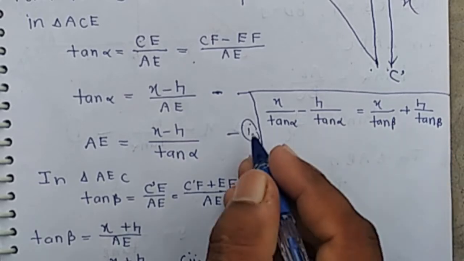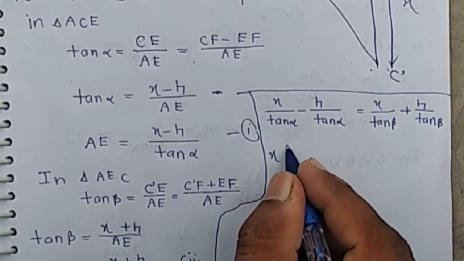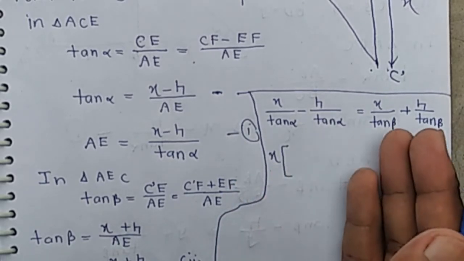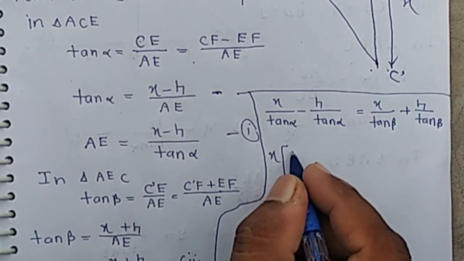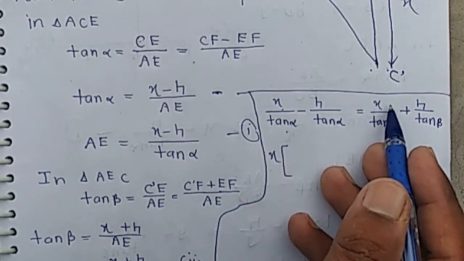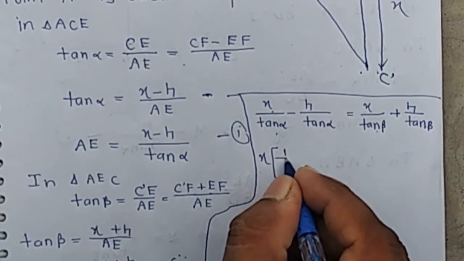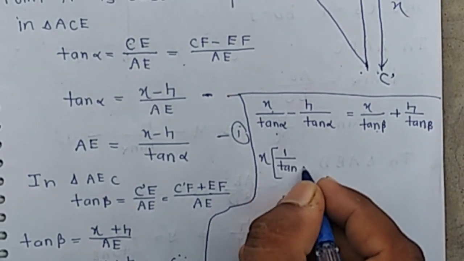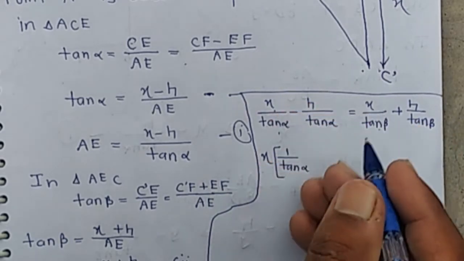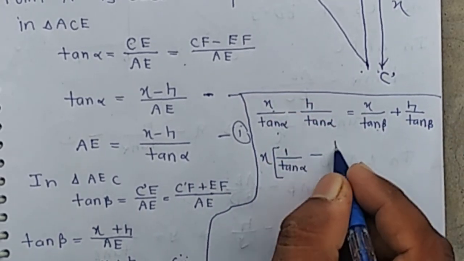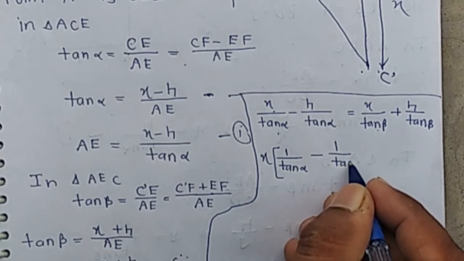Now shift X by tan beta to the LHS and H by tan alpha to the RHS. We have X by tan alpha minus X by tan beta, X common, then it becomes 1 by tan alpha minus 1 by tan beta.